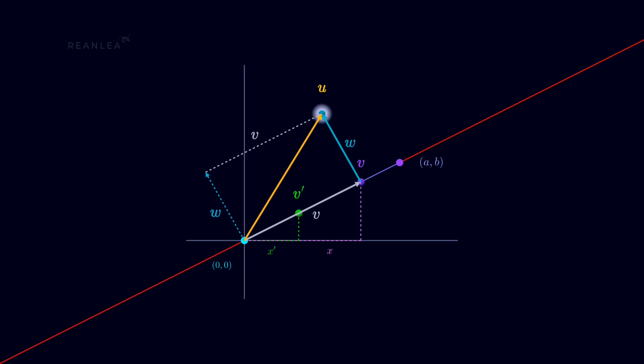Then we can see that the resultant vector is a diagonal of the parallelogram made by these two vectors, which are not linearly dependent. And this in fact is the parallelogram property. Here we can have this vector u by adding these two linearly independent vectors, v and w.